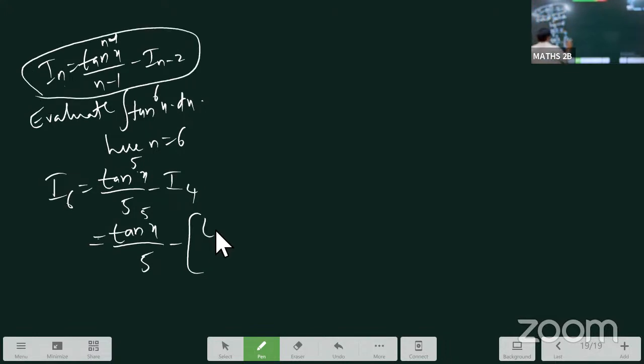That is tan cube x by 3, because 4 minus 1 is 3, minus I of 4 minus 2, that is I2.